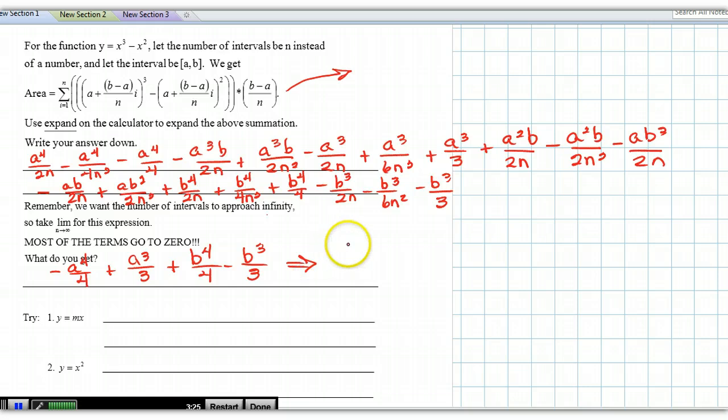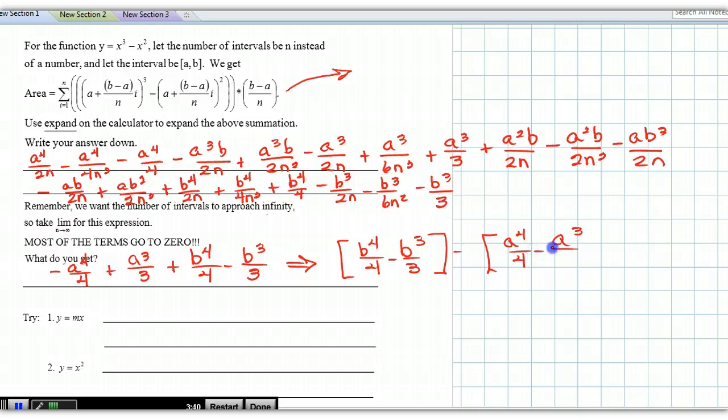Simplifying this, I'm going to change it to b to the fourth over 4 minus b cubed over 3 minus a to the fourth over 4 minus a cubed over 3. And this is what the summation should simplify into.